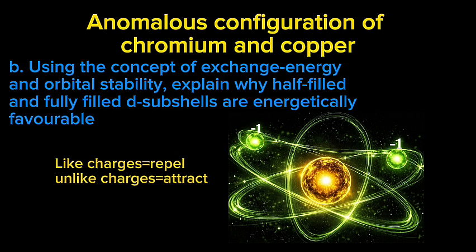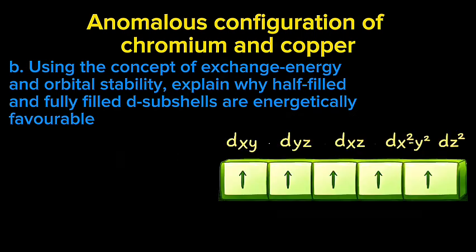So let's take the case of a half-filled d orbital. It's even and balanced due to the fact that in the d orbital, the electrons have the same repulsion to each other. So this creates a symmetrical orbital, in which the effect of the electron repulsion all around is the same.